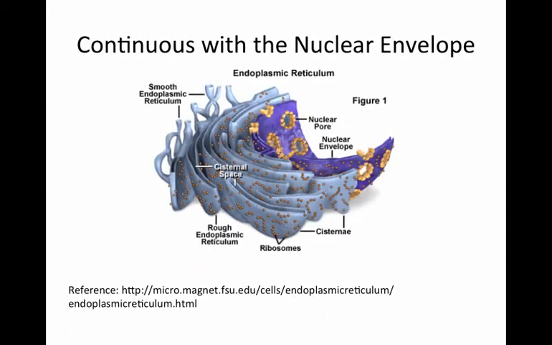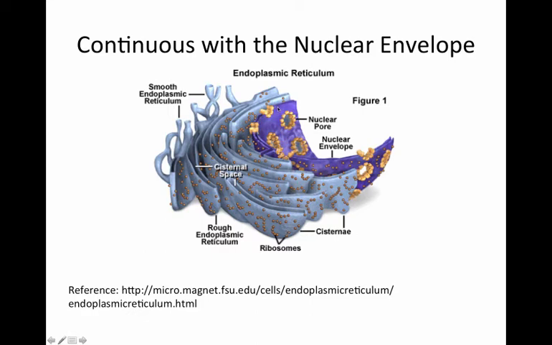The endoplasmic reticulum is also continuous with the nuclear envelope. So this is smooth endoplasmic reticulum, and this is rough endoplasmic reticulum. The rough has bound ribosomes. Ribosomes do what? Make proteins.